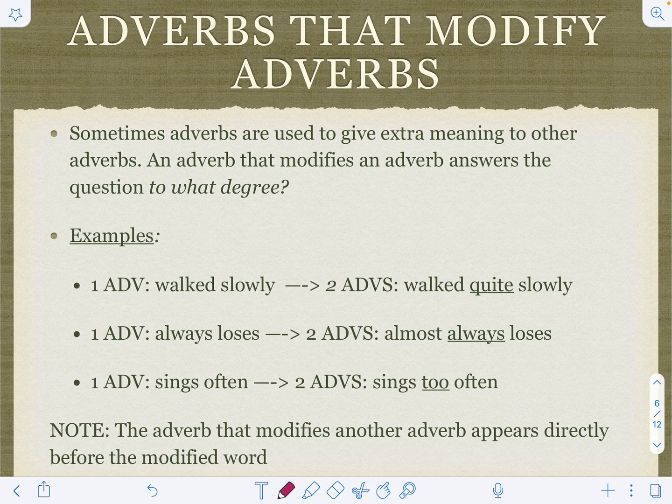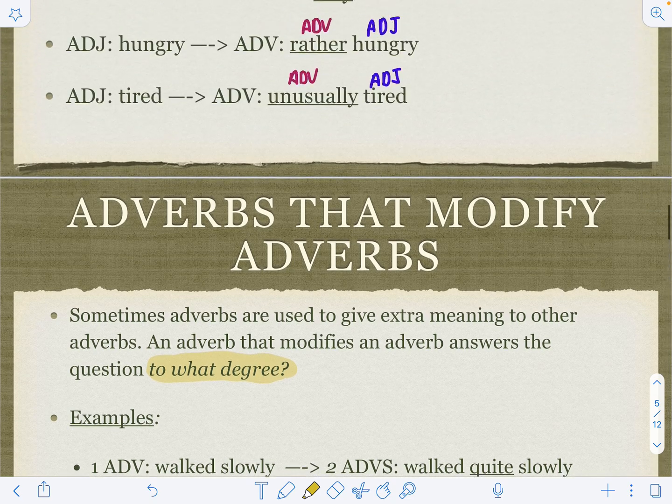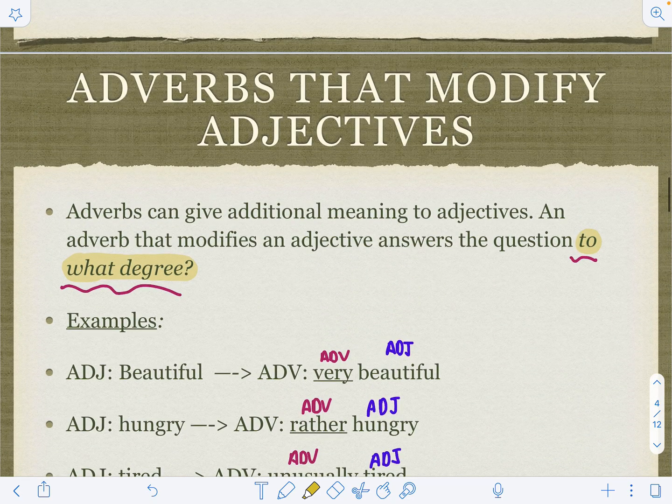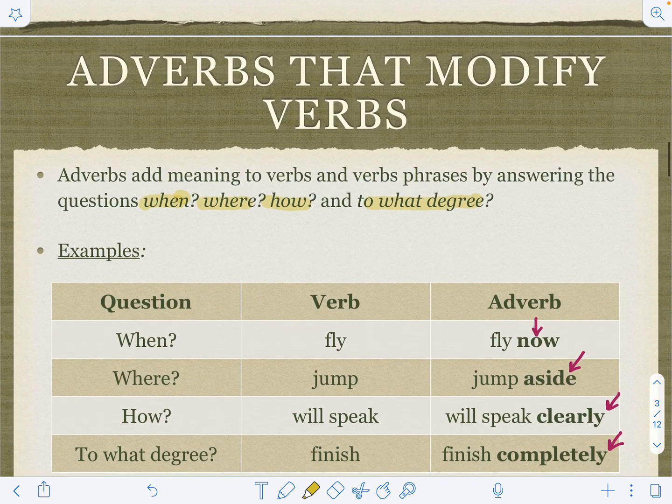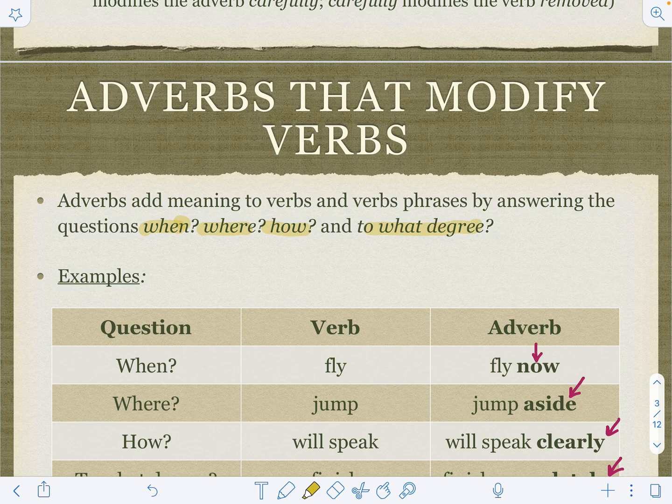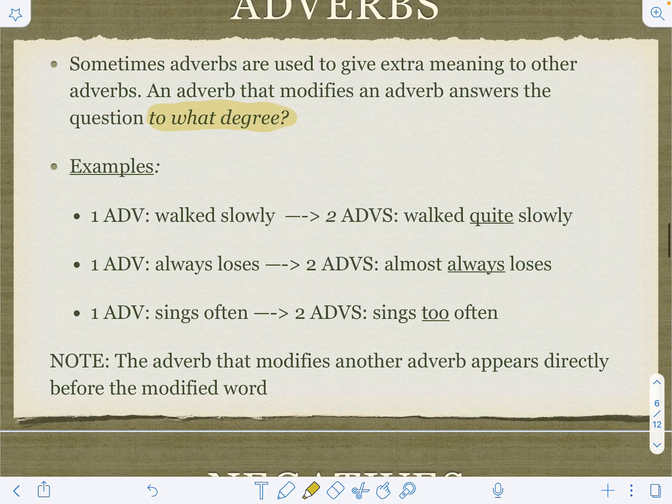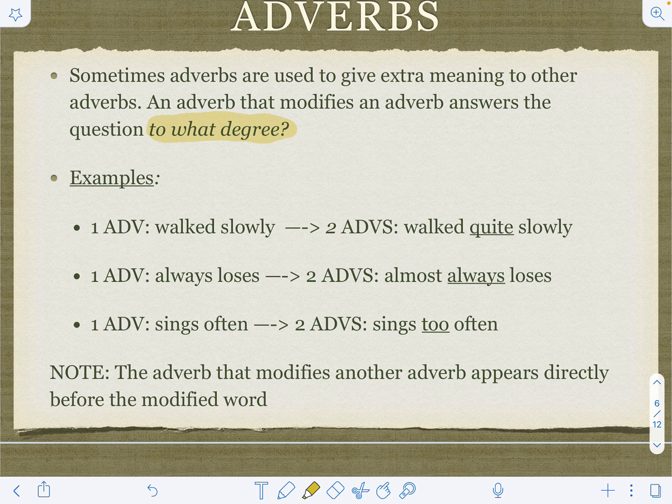Last but not least, another example of adverbs that modify adverbs. Once again, answering the question, to what degree. Notice that for adverbs and adjectives, it's a simple question, whereas with the verb phrases, there's a couple more questions to ask. Walked quite slowly. So, for example, how did the person walk?